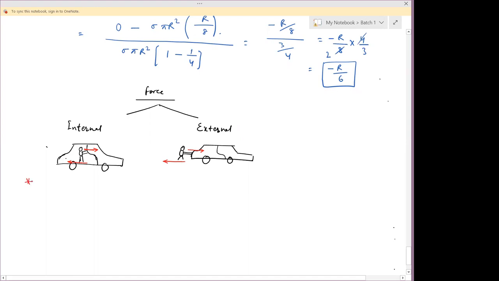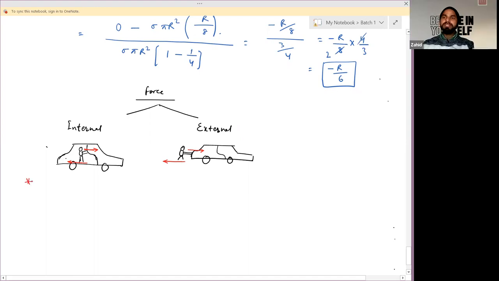So we can conclude only external force will be responsible for changing the position of the center of mass, or the velocity or acceleration of a body. Only external force will bring any change in the position of the center of mass.